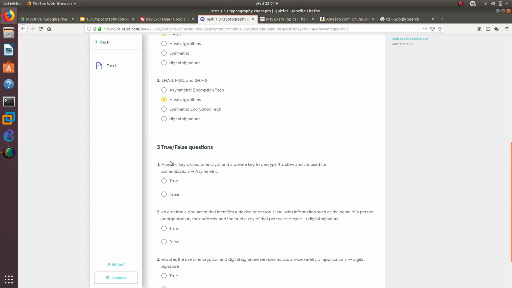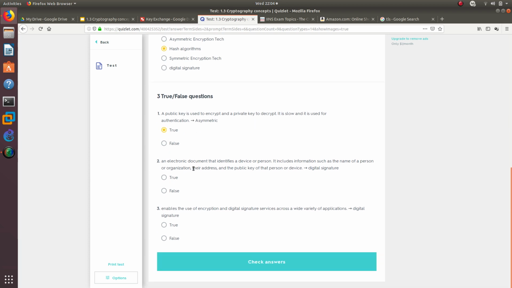Now, true or false questions. A public key is used to encrypt and a private key to decrypt. It is slow and it is used for authentication. This is true. An electronic document that identifies a device or person. It includes information such as the name of the person or organization, their address, and public key of that person or device. Is a digital signature.